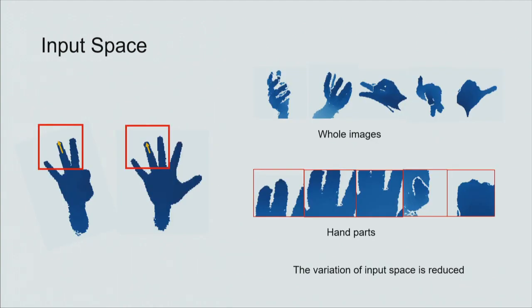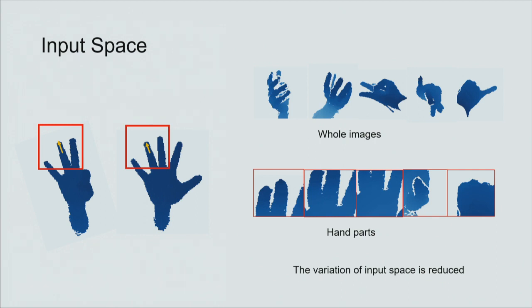By feeding the model with local patches, the variation of the input space is reduced. You can see the whole images demonstrate many variations, but for the hand patches, the variation is smaller.